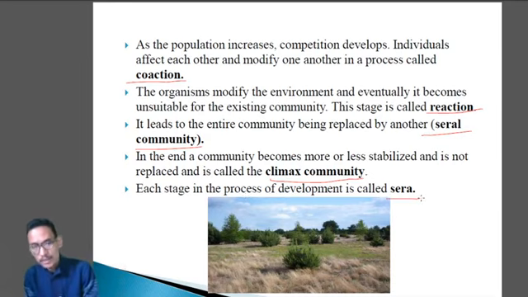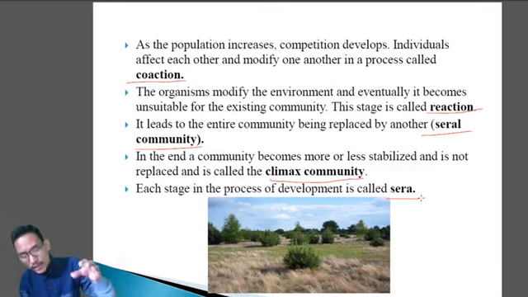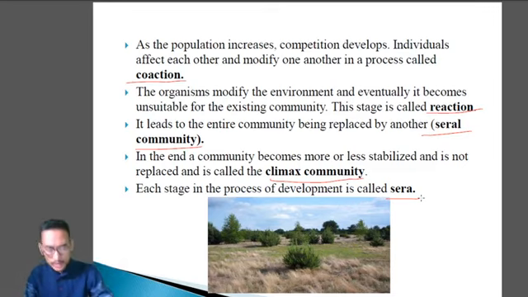So succession is complete when the community reaches the climax. First we have pioneer species followed by the seral community, and ultimately the community reaches equilibrium, the climax community, and succession is over.